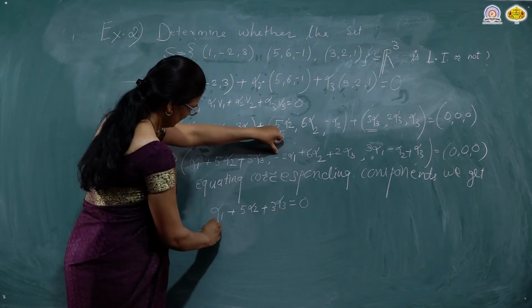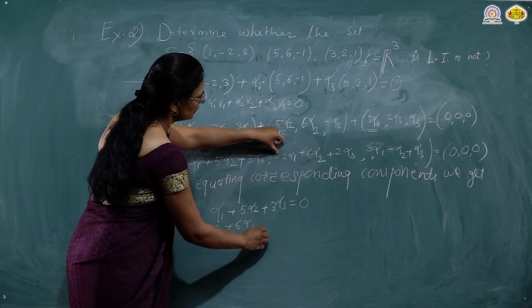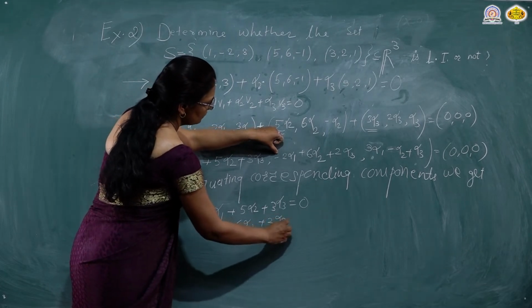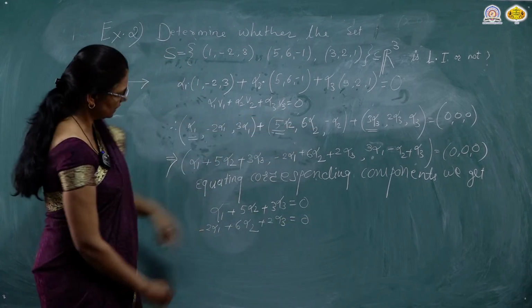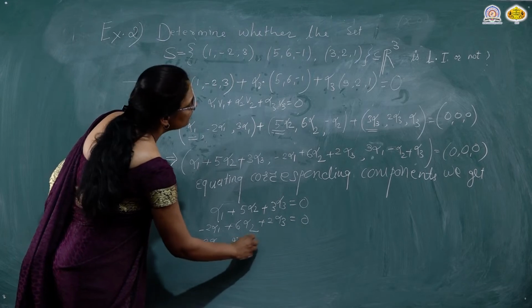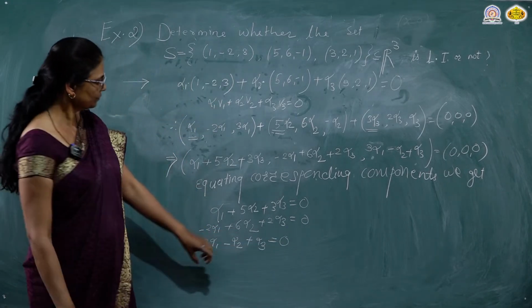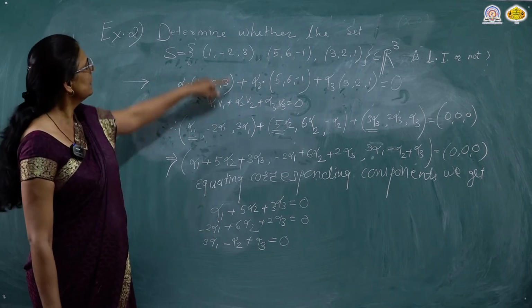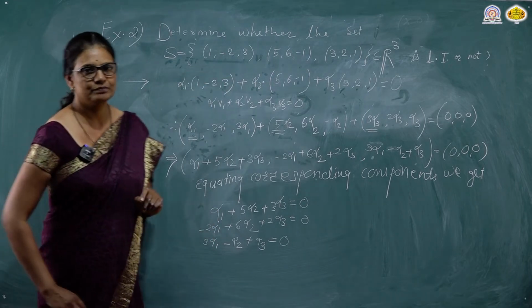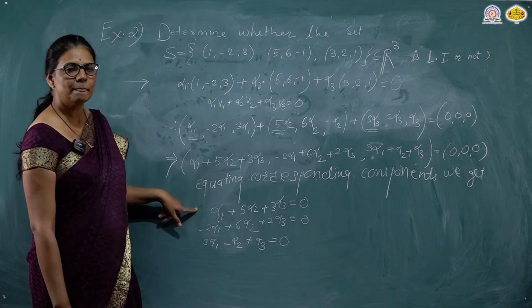Second component: minus 2 times alpha 1 plus 6 times alpha 2 plus 2 times alpha 3 equals 0. And the last one: 3 times alpha 1 minus alpha 2 plus alpha 3 equals 0. So this system is equivalent to the first equation. Now you can observe that this is a homogeneous system.